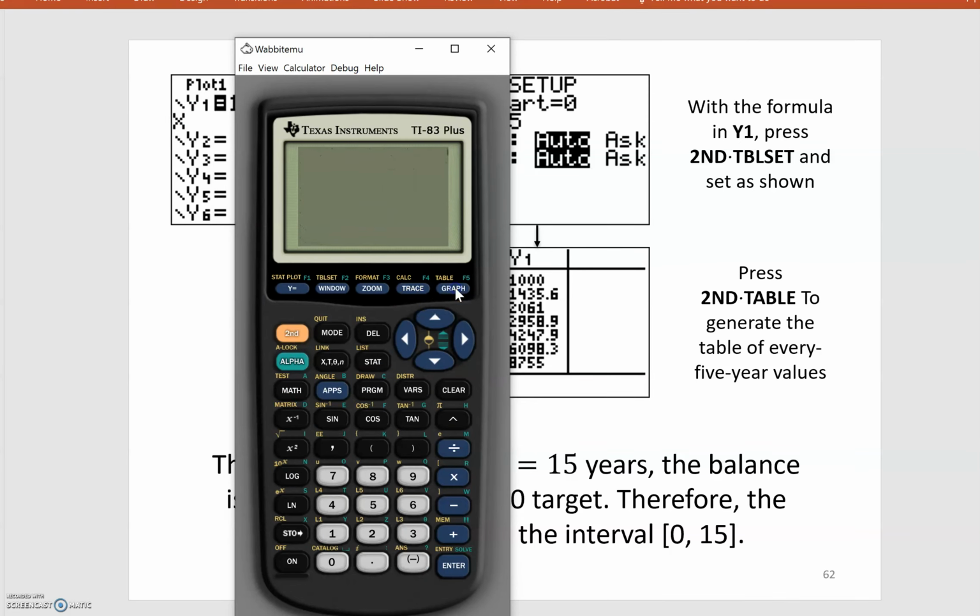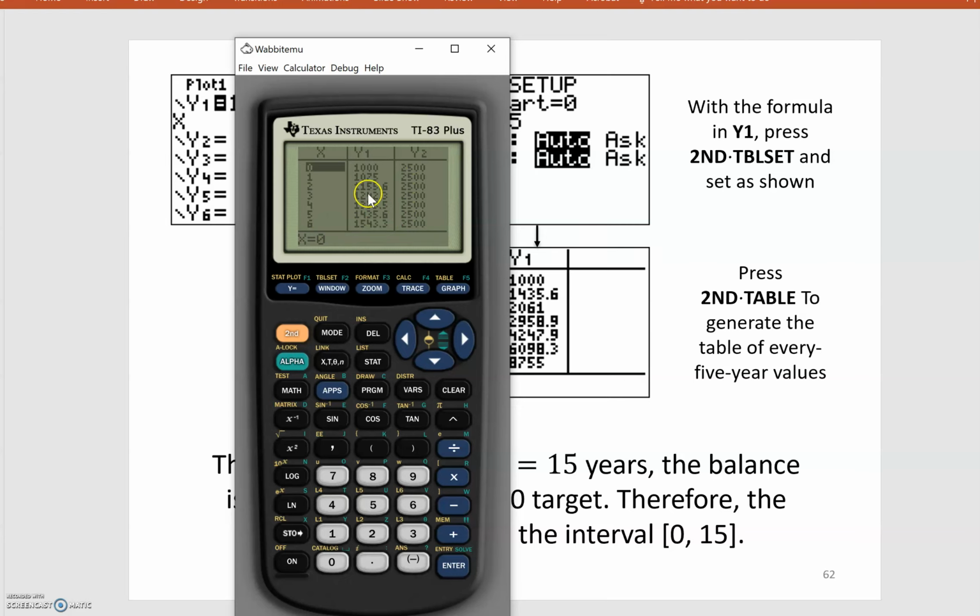This is the function value. This third column, y2, is 2500 because it doesn't change. No matter what input you put in, you always get 2500 out for this horizontal line. But y1 does change. As we scroll down through these inputs, you see that y1 is getting bigger and approaching 2500. And in fact, right there between 12 and 13, we exceeded it.